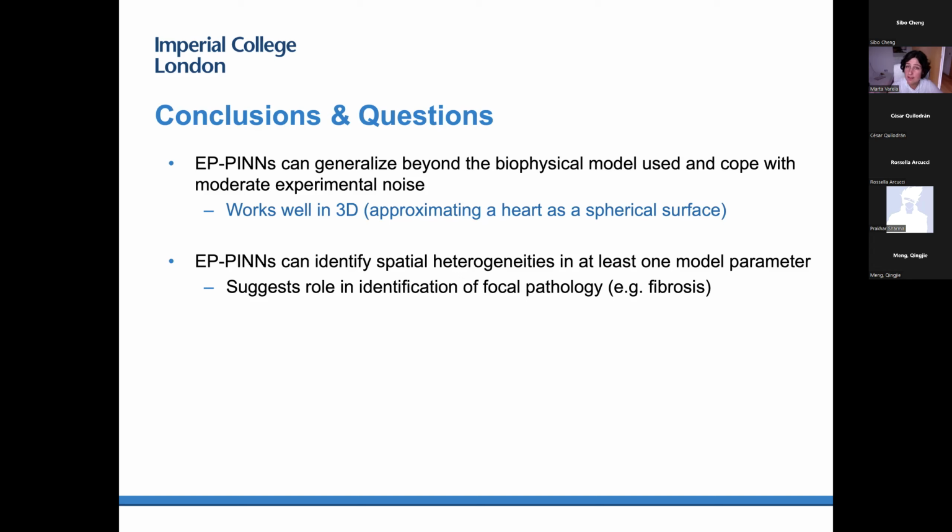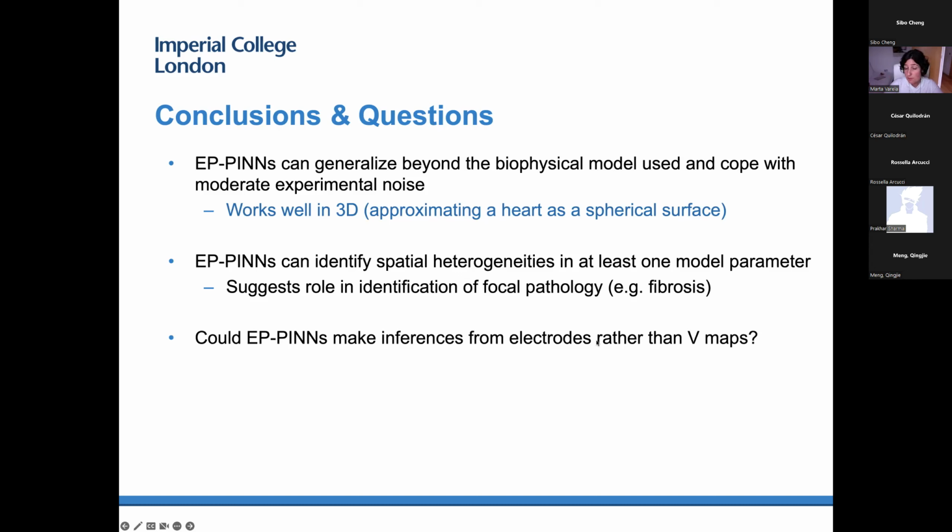That reduction, apologies, in D is what happens in this fibrosis of scarring that I've mentioned before. And if we were able to get this to work with clinical data, it'll be a really interesting tool to identify whether there is fibrosis and roughly whereabouts it would be. And for that, we'd of course need to make inferences from signals from electrodes rather than this optical mapping data for V, which is not available in the clinic.